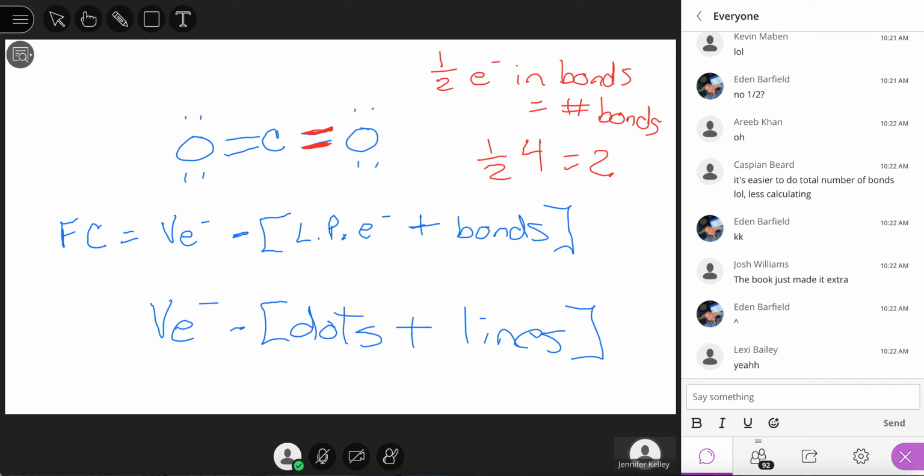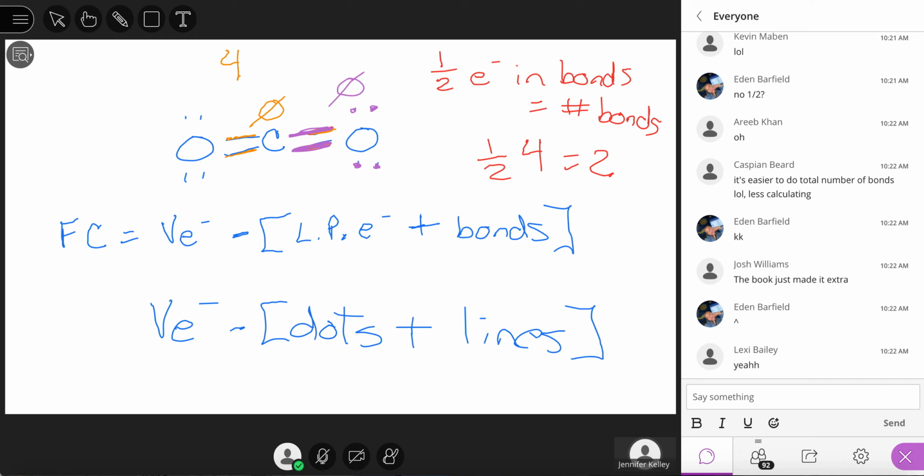Okay, so for example, carbon has 4 valence electrons. So we say 4, and then this would be 3, 2, 1, 0. The formal charge on carbon is 0. And then with oxygen, we'll do oxygen in purple. Oxygen's is 6, so 6, 5, 4, 3, 2, 1, 0.